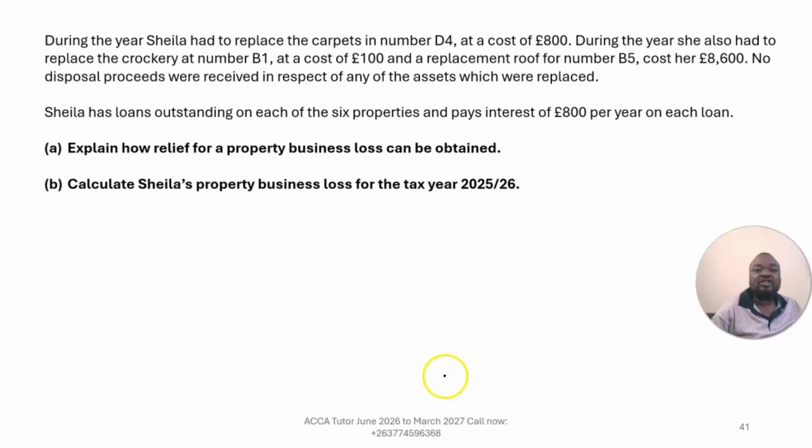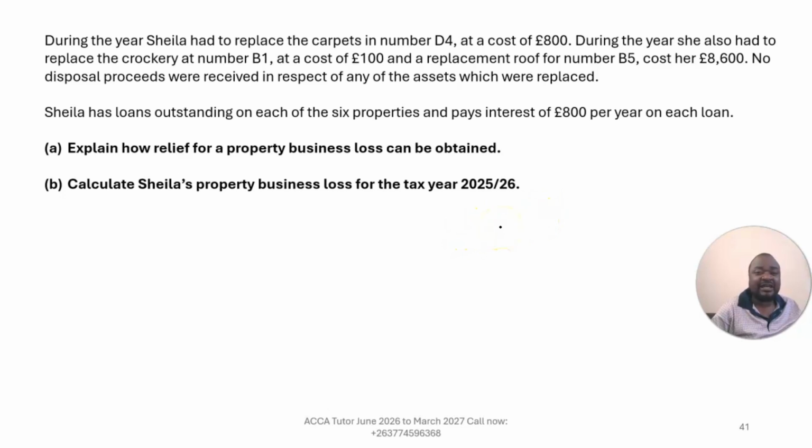No disposal proceeds were received in respect of any of the assets which were replaced. Shayla has loans outstanding on each of the 6 properties and pays interest of £800 per year on each loan. Explain how relief for a property business loss can be obtained. Calculate Shayla's property business loss for the tax year 2025-2026.